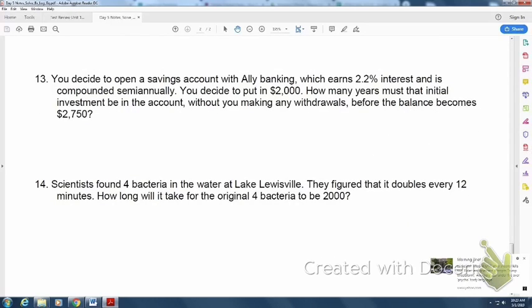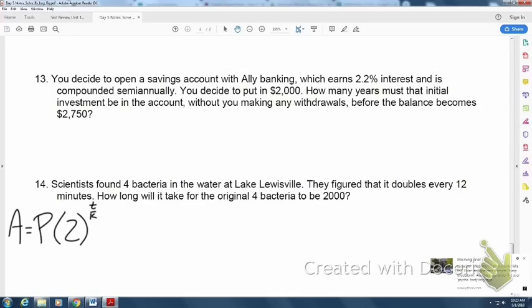So going down to 14. Okay, so looking at this, it says scientists found 4 bacteria in the water at Lake Louisville. They figured that it doubles every 12 minutes. How long will it take for the original 4 to become 2,000 is what that should be. So it's very similar to that half-life, but instead it's 2 instead of 1/2.